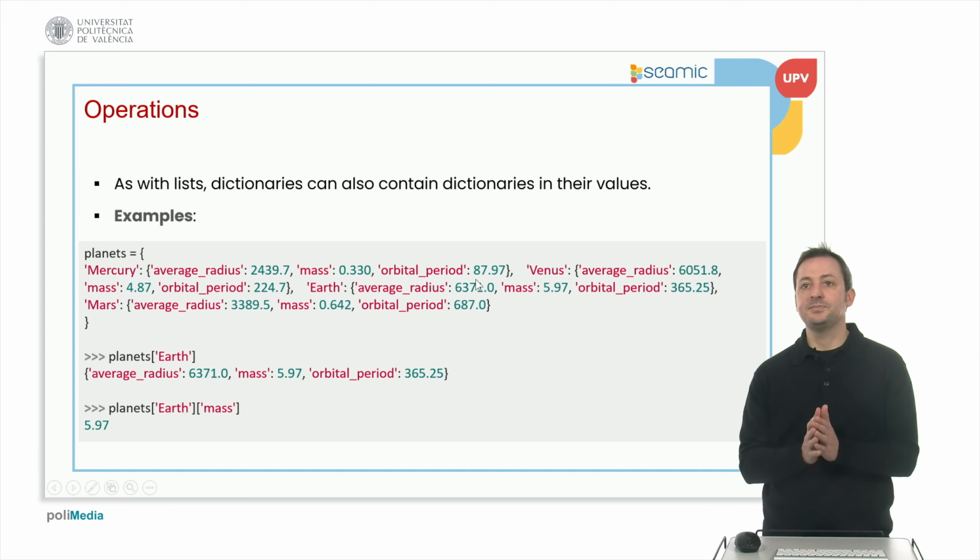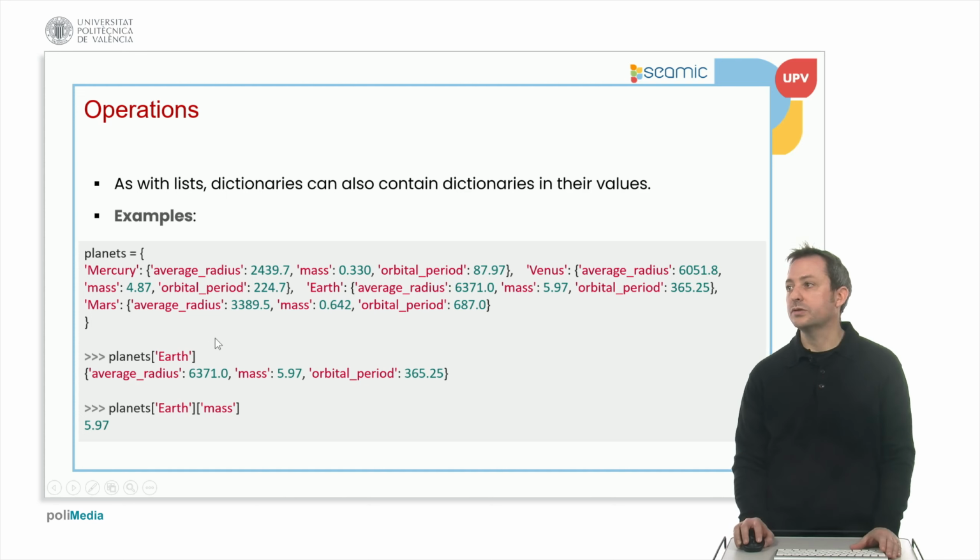So in this case, retrieving a specific value works like this. For example, if we access the element of key Earth, we will retrieve this value, that is a dictionary. So, considering that this operation retrieves a dictionary, we could, in addition, retrieve a specific value of this dictionary.